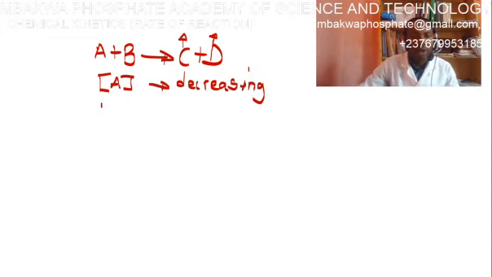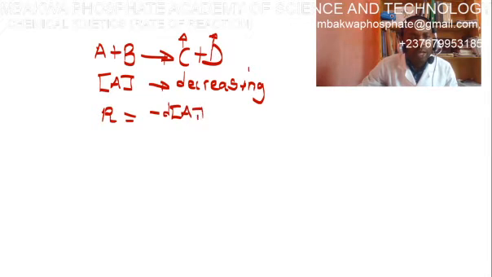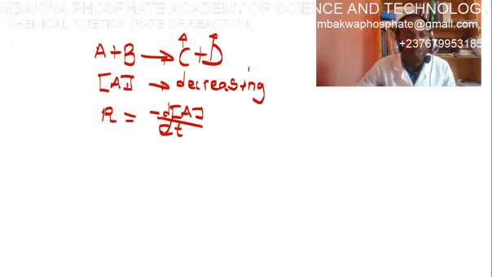Now, so what do we call rate of reaction? We say that rate of reaction, R, is simply going to be the rate at which the concentration of A decreases, or the decrease in the concentration of A with time.